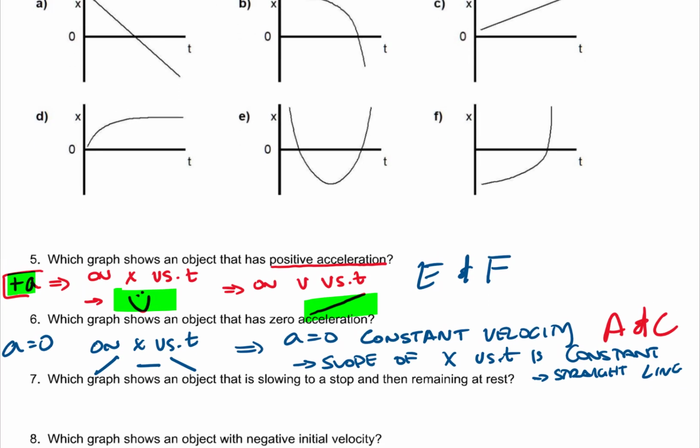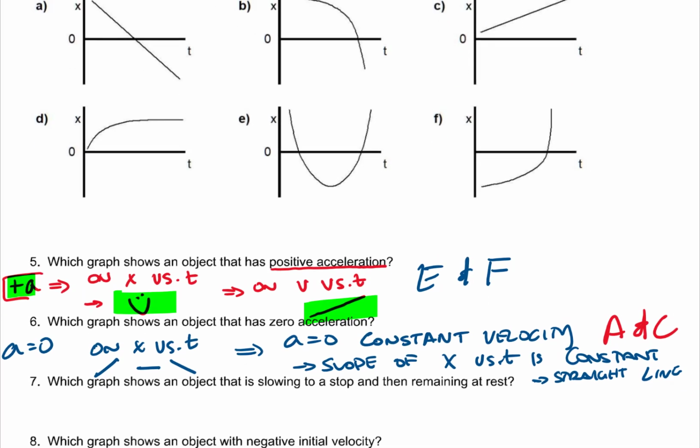Which graph shows an object that is slowing to a stop and then remaining at rest? So, for the second half, remaining at rest, that tells me the velocity is 0. So the slope of position versus time is equal to 0. That's a flat line. So the end of it's going to be a flat line.